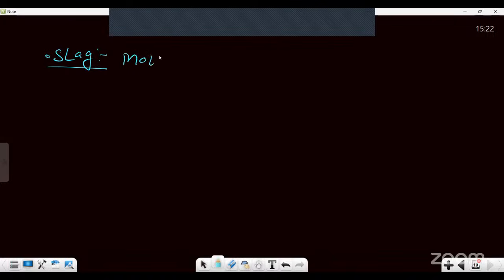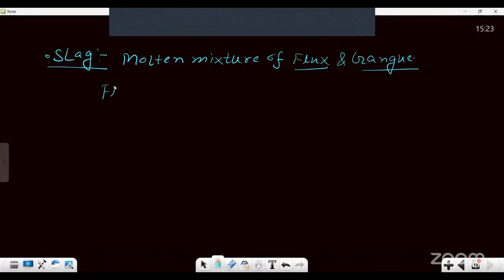So I can say flux plus gangue is nothing but our slag.